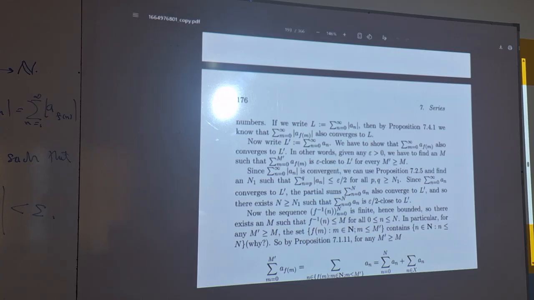The set f of n belongs to N contains. I take any n less than or equal to capital N. If f inverse n less than or equal to capital N.